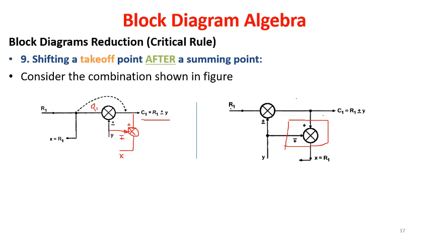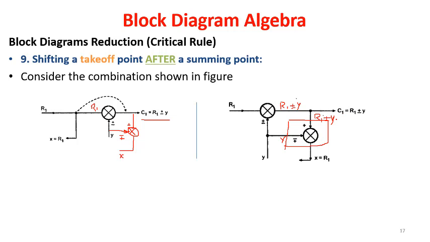Let's see the result. R1 is the input, Y plus or minus is the input for this one. Output from this one will be R1 plus or minus Y. So when this is tapped, the output for this one will be the same one, R1 plus or minus Y. When we get a signal from here, this one will be Y, which is minus plus.